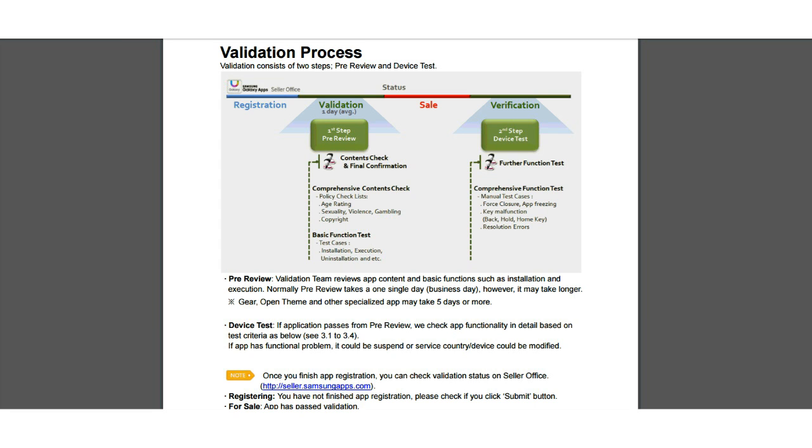But for Android apps, the store team will release your submission once it passes the pre-review stage to help reduce your release cycle. They will then go through device testing as post-validation testing while your app is on sale. But please note that if a functional issue is found during device testing, countries or device selection could be modified or even temporarily suspended by the store team until the seller resubmits with the fix.